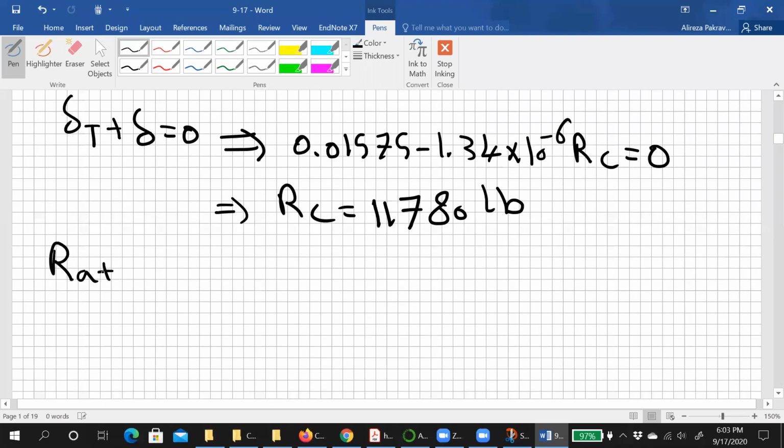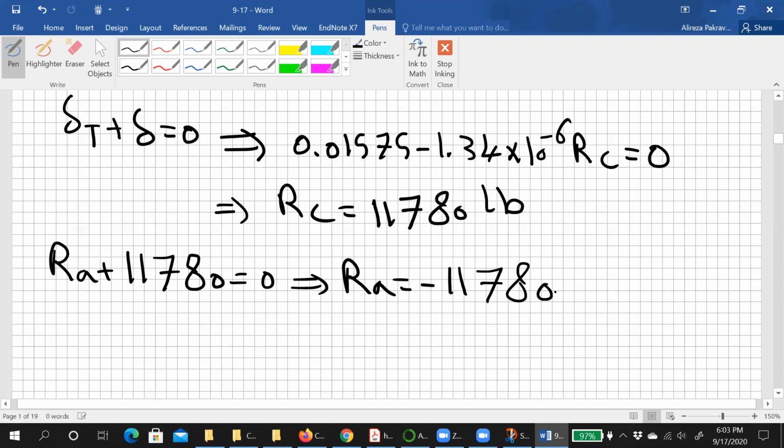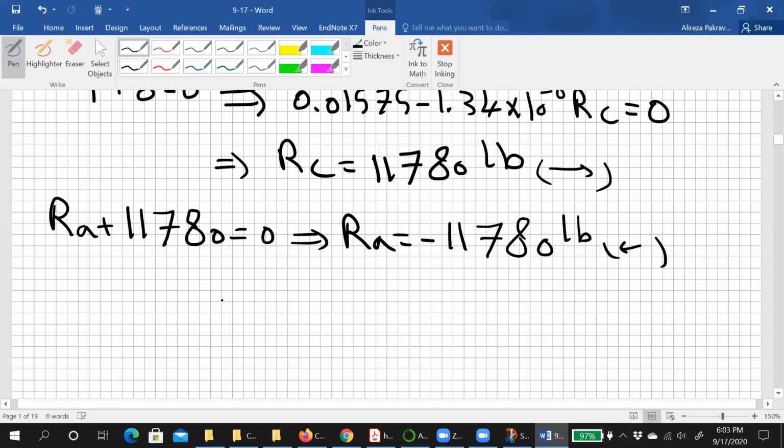Now RA plus 11,780 equals 0. So RA is negative. This is that direction. This is that direction, right?